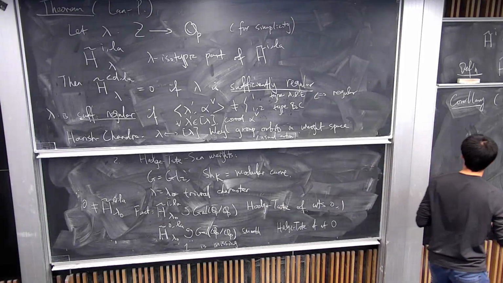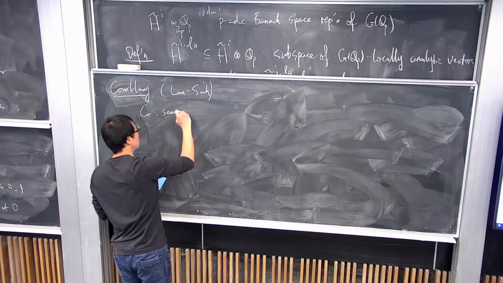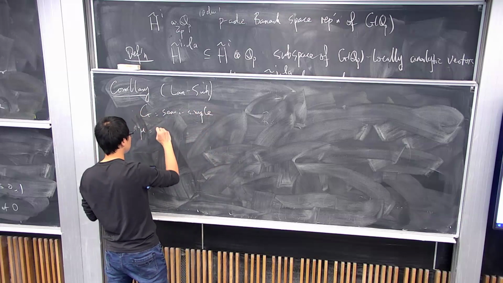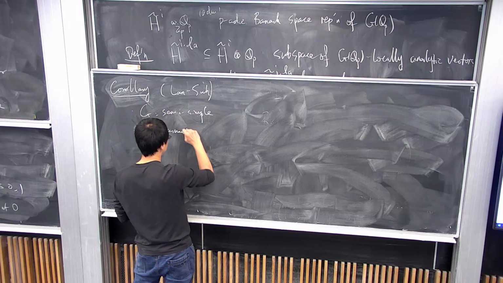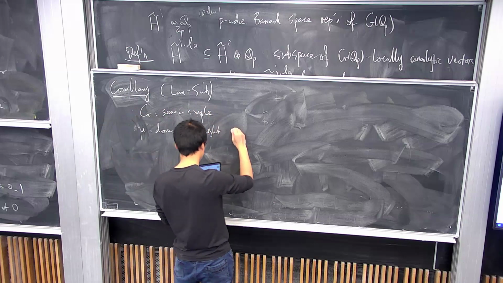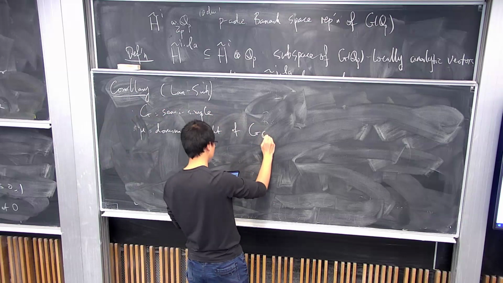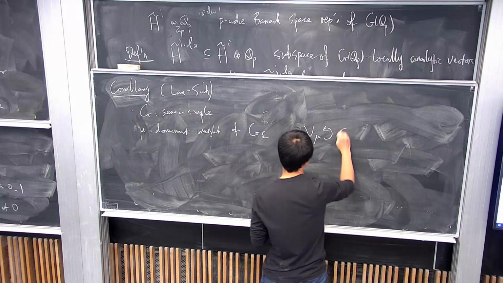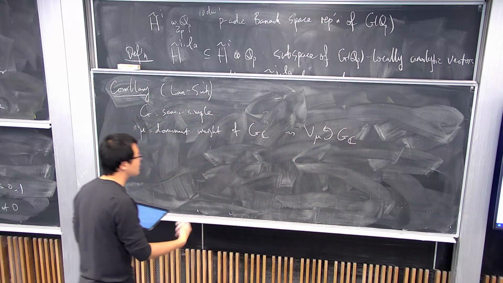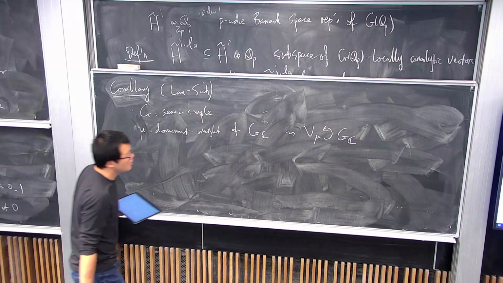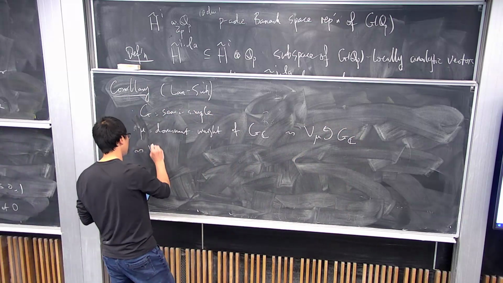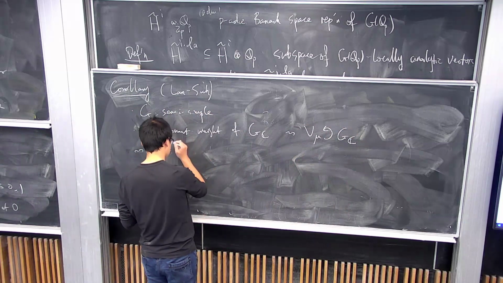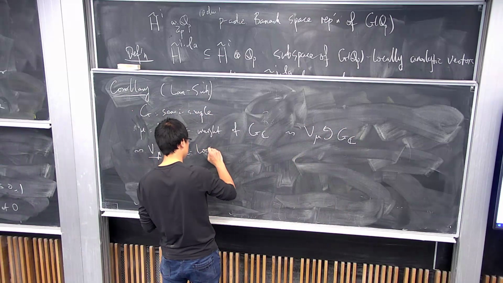For simplicity, let me assume G is semi-simple, and take a dominant weight mu. This gives the finite dimensional representation V_mu of G_C, and it gives me a C-local system V_mu underline on the Shimura variety.